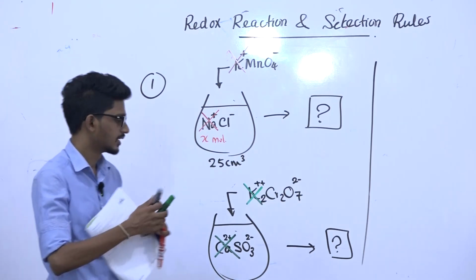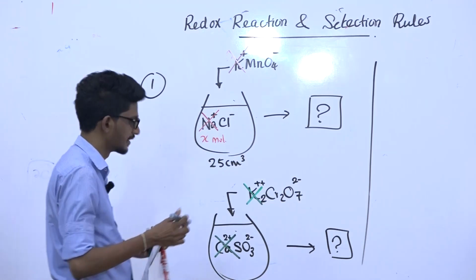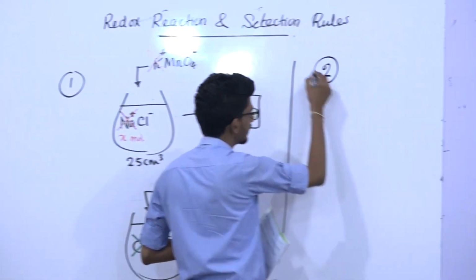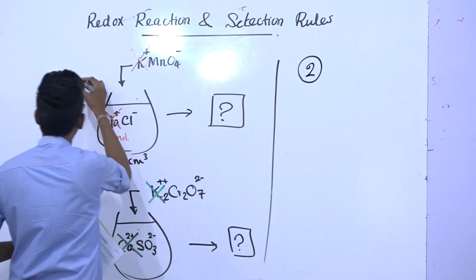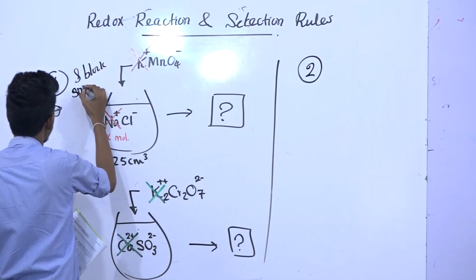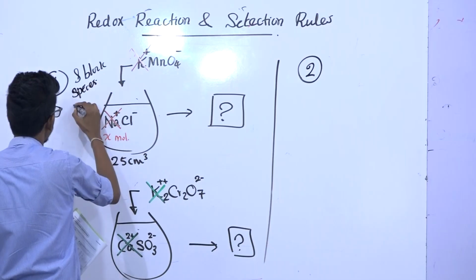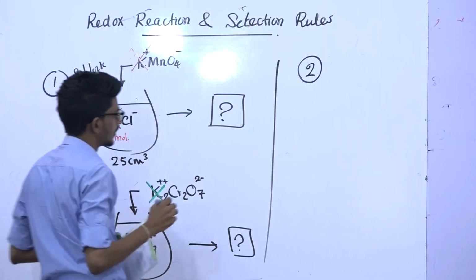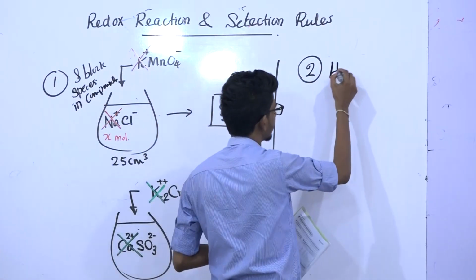Let us discuss halides then, the second point, the things you should know about the halides. This is about the S block species in compounds. Now, let us come up with the halides.